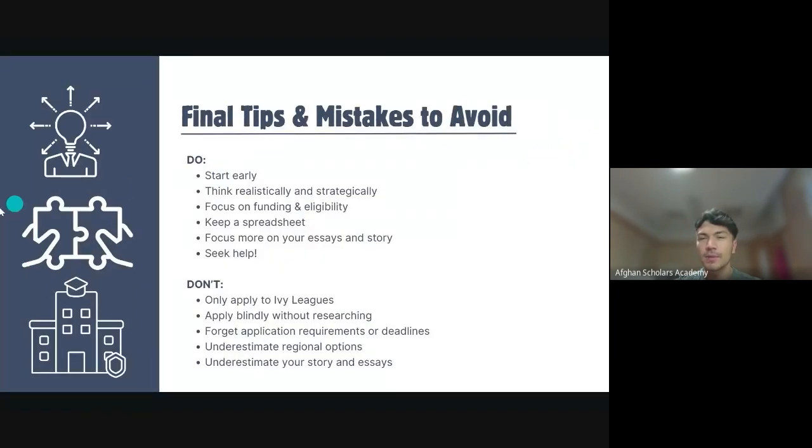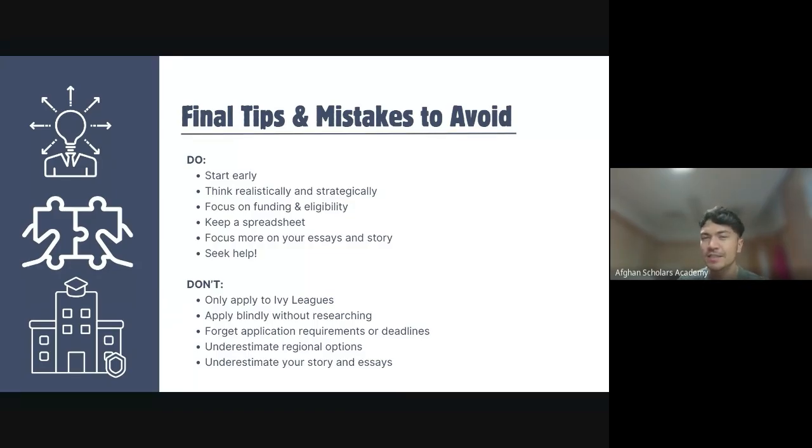And some of the final tips, or the mistakes you should avoid. First, do start early, please. Like I said, if you are applying for fall 2026, you should start right now. It's a really good opportunity for you to be in this program because we are helping you all the way through the process.